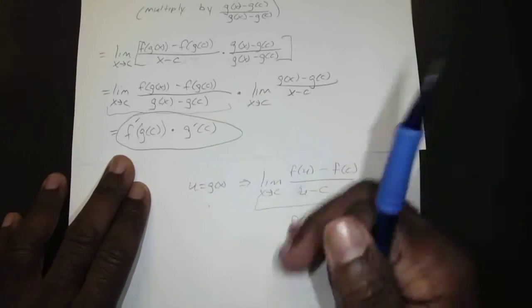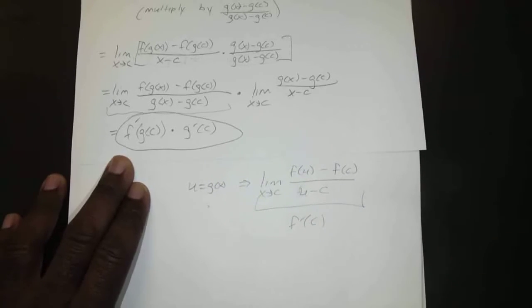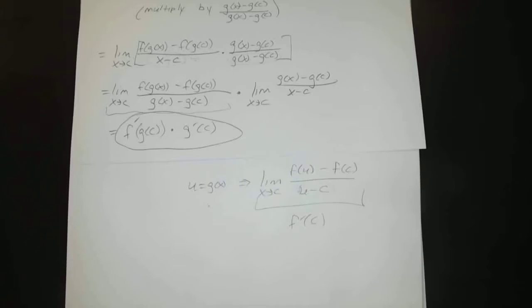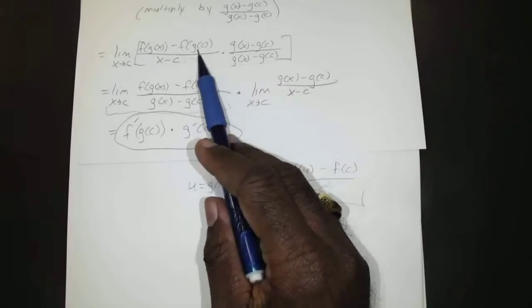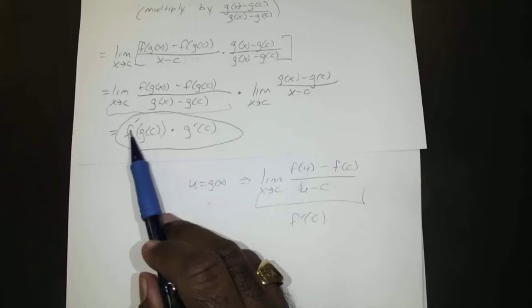When we have just x and x plus h, that would have been f prime of x, but since we have an actual value, that becomes f prime of c. Now that we have this g of c, we just substitute that with f prime of g of c.